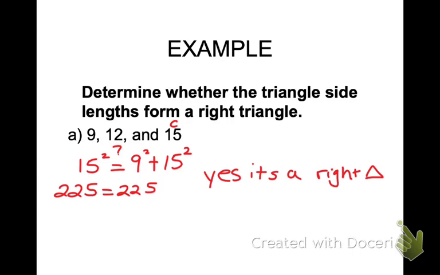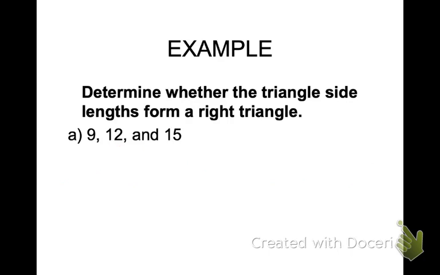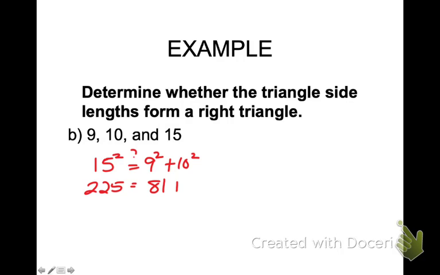All right, so in B, we're going to change it from a 9, 12, 15 to a 9, 10, 15. So now what I'm going to do is ask, is 15 squared equal to 9 squared plus 10 squared? Is 225 equal to 81 plus 100?